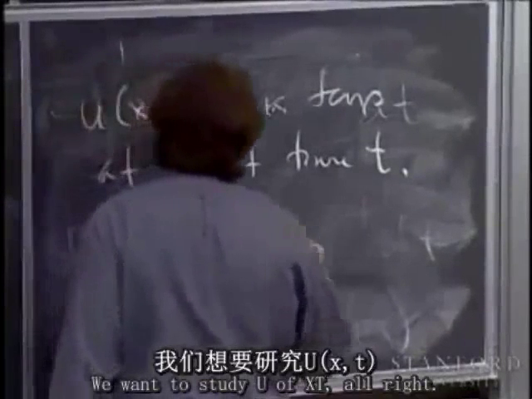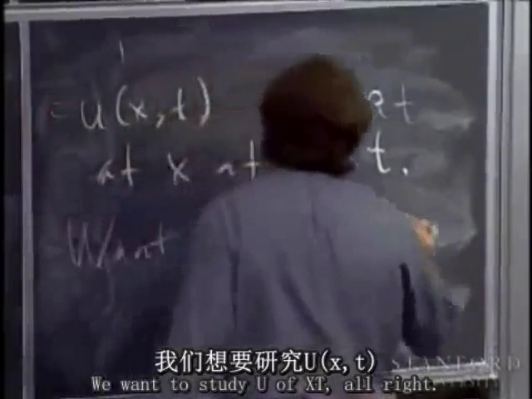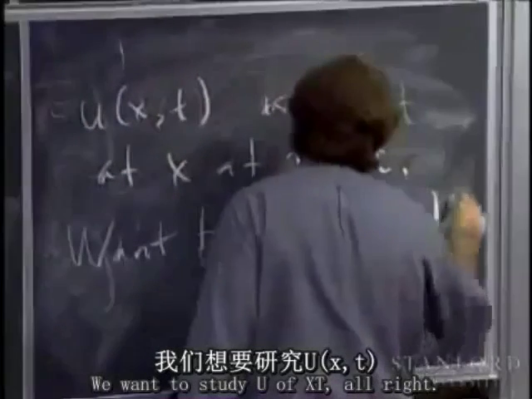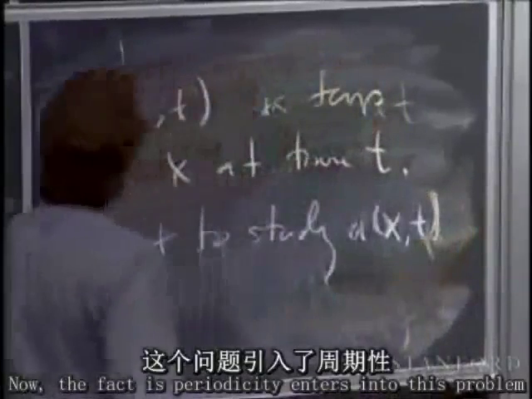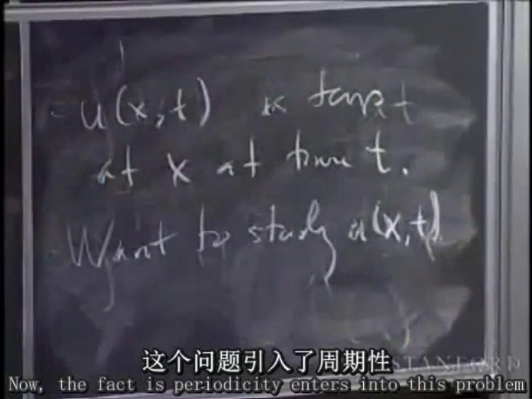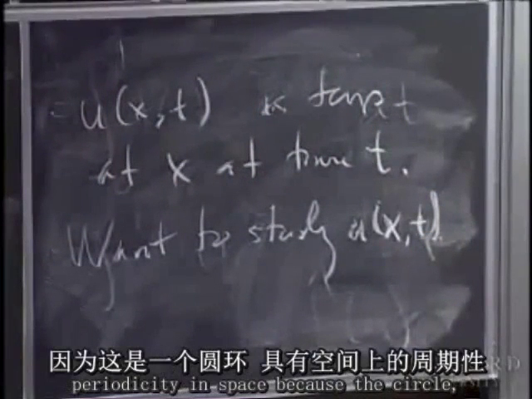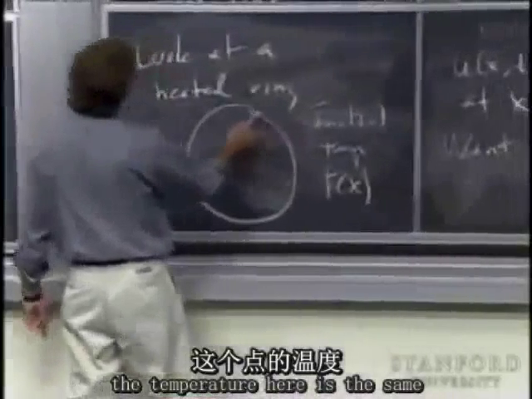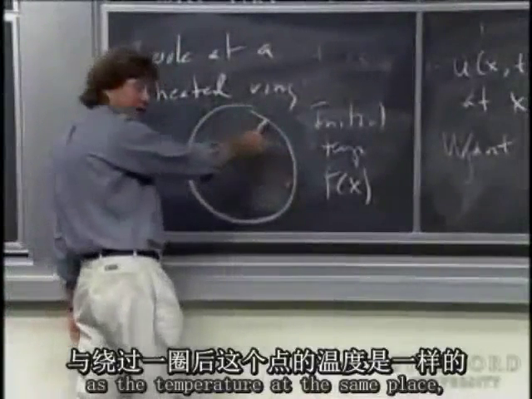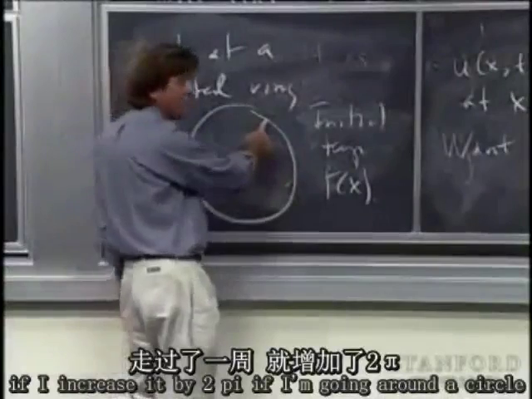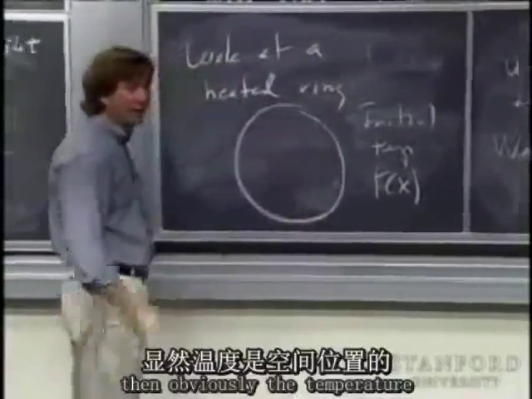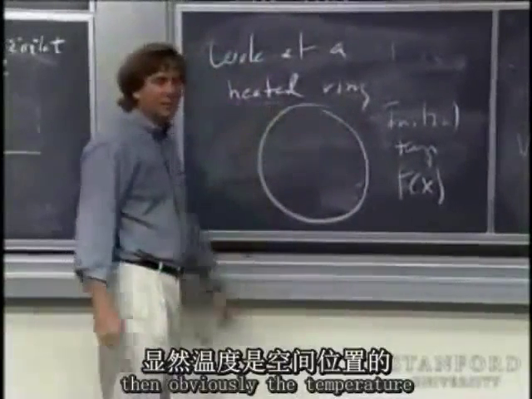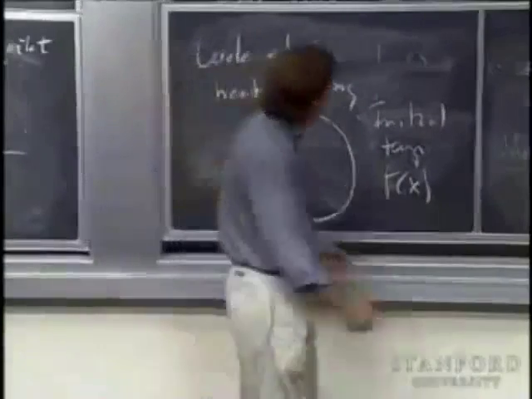We want to study u of x, t. Now, periodicity enters naturally into this problem, periodicity in space. Because on the circle, the temperature here is the same as the temperature at the same place if I increase x by 2 pi. If I'm going around a circle, then obviously the temperature is periodic as a function of position.